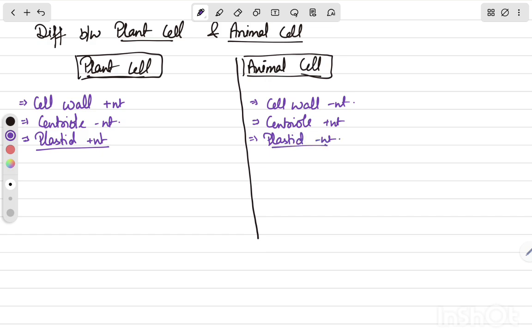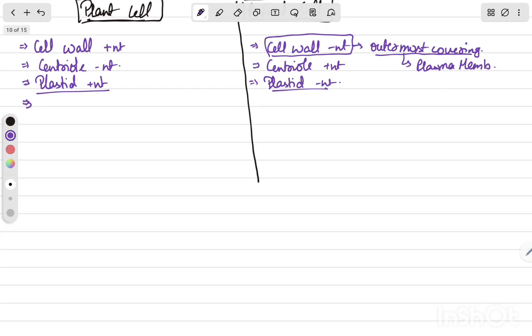That is for photosynthesis. We are heterotrophic organisms, so plastids are absent in animal cell. Since cell wall is absent in animal cell, the outermost covering in animal cell will be plasma membrane, right?